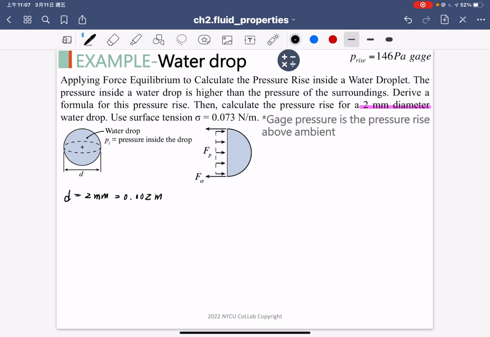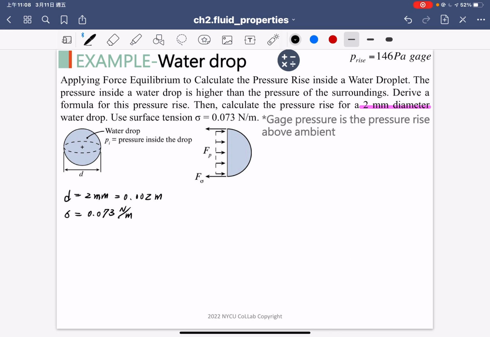And because this is water, we know the surface tension of the water is around 0.073 Newton per meter. You need to keep in mind the surface tension of the water, the number showing here.